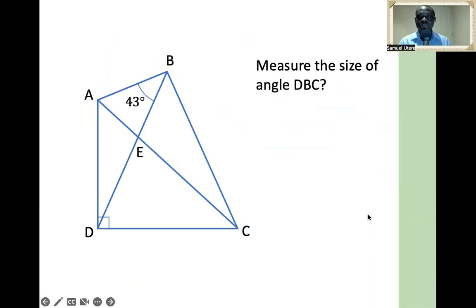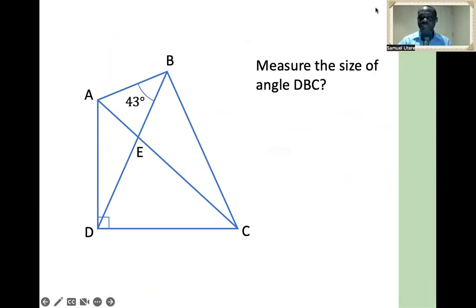Okay, let's do some new learning for the second part of the lesson. If you're asked to measure the size of the angle DBC, how would you go about it? Here we have a diagram and we are required to measure the size of angle DBC.